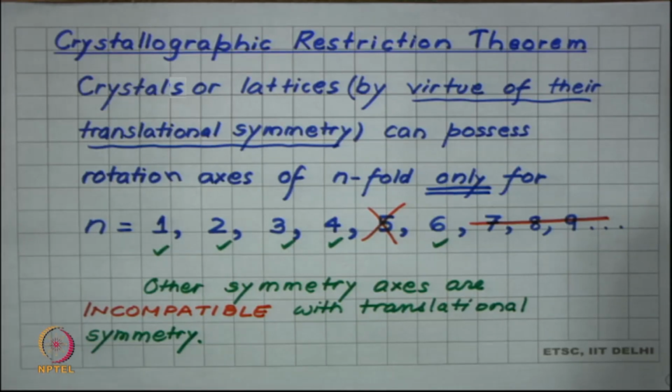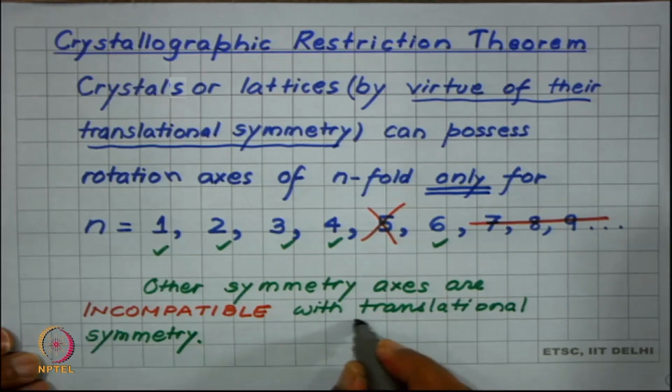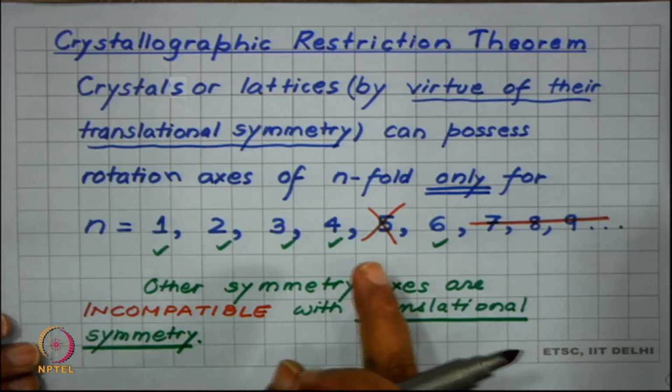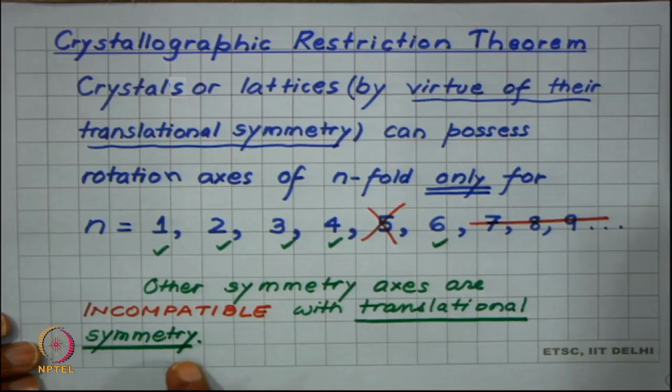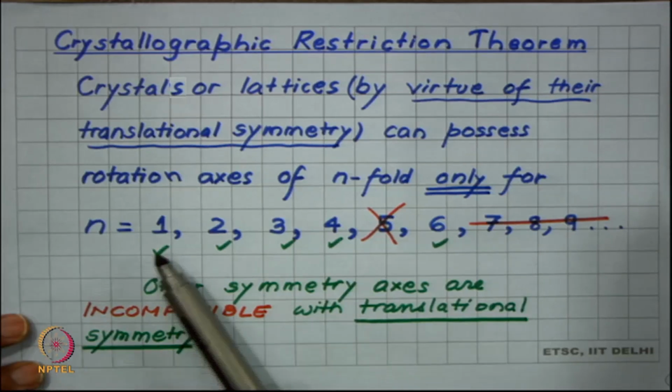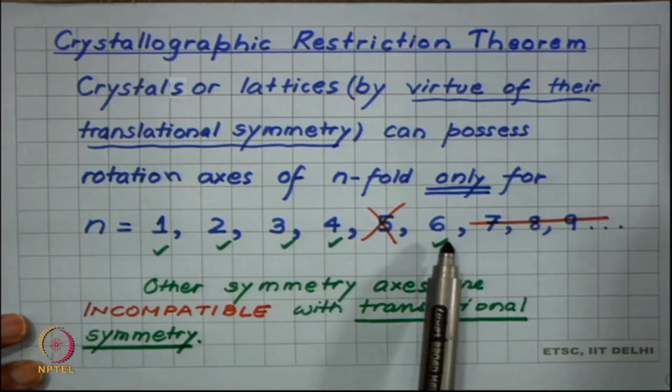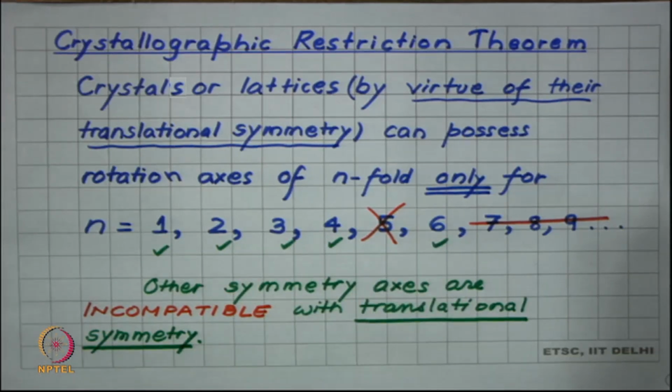We have seen that translational symmetry is the definitional symmetry of the lattice. So, unless and until the rotation symmetry is compatible with translational symmetry, it cannot be present in the lattice. And the theorem states that only these 5 axes 1, 2, 3, 4 and 6 are compatible with translational symmetry.